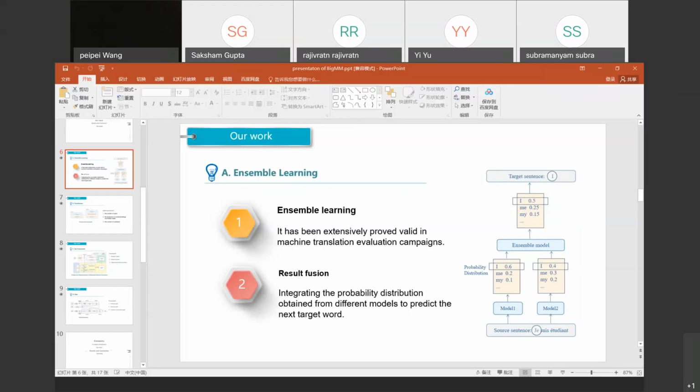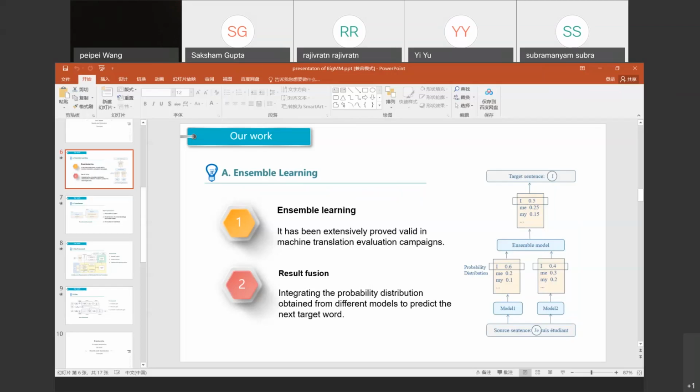We get the average probabilities of the first word. Then we put the first word into different models' encoders. The decoder of the model is influenced by the previous inference.